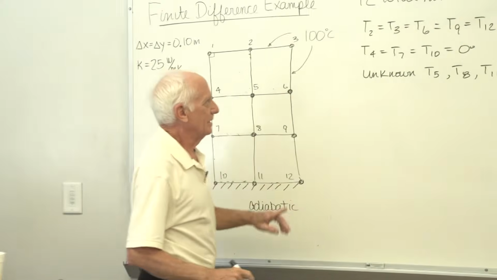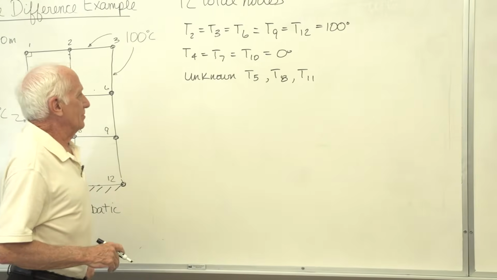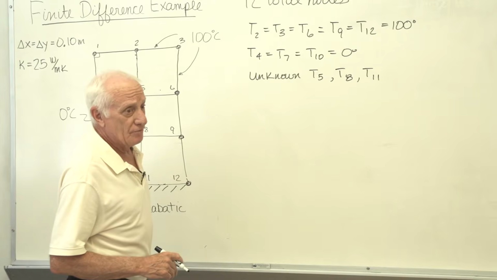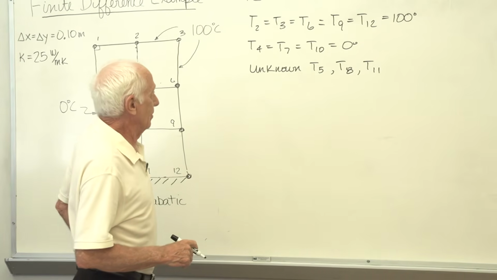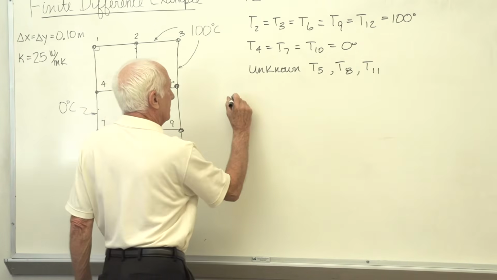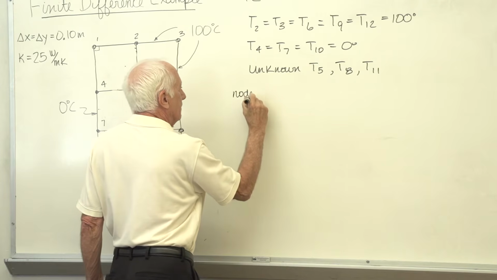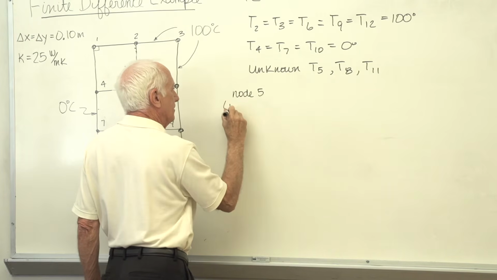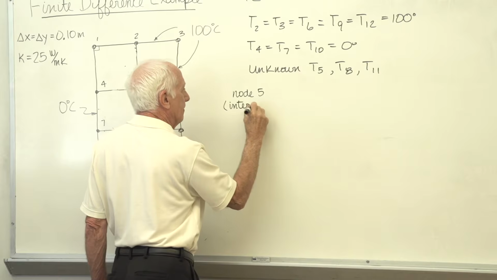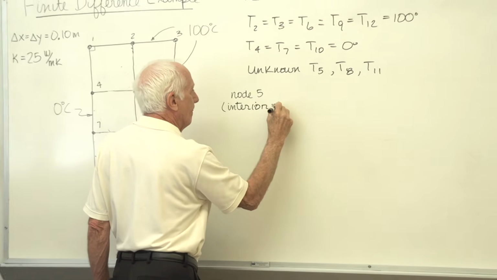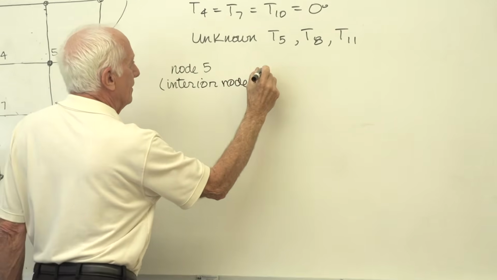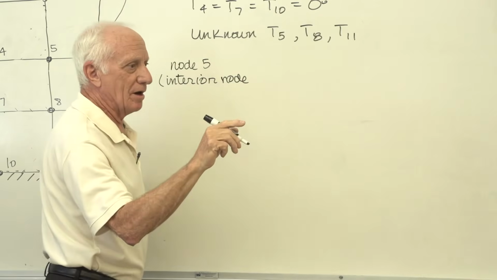Okay, back to here. 3 unknown temperatures, which means I need 3 equations for 3 unknown temperatures. So let's take node 5. Node 5 is an interior node. So here's what I found out last time.